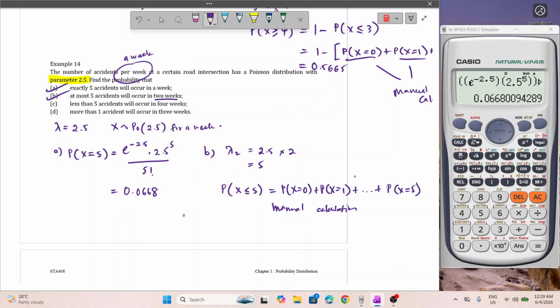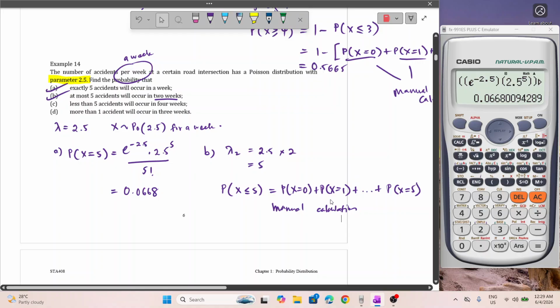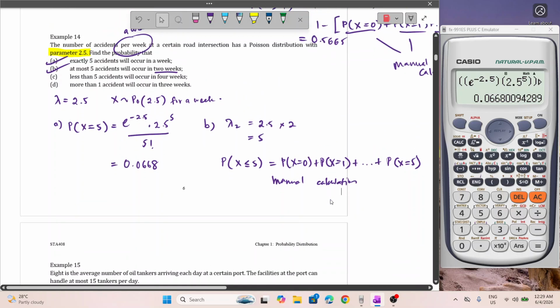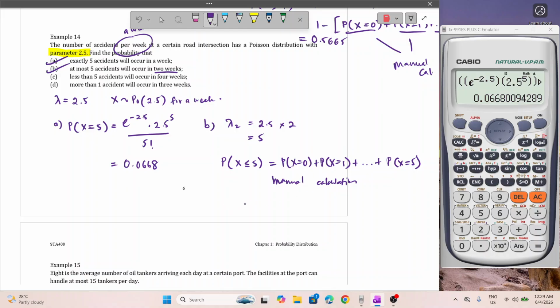But for this kind of problem, I prefer to use the statistical table. By using the statistical table, the probability of X less than or equal to 5 is actually 1 minus the probability of X greater than or equal to 6, right?